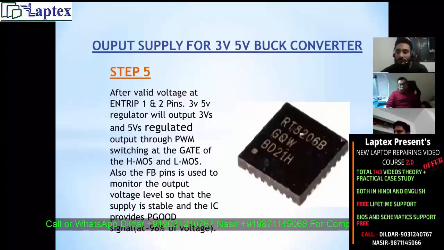If you have a 5 volt output at the coil, power good will be generated when there is 96% of the 5 volt. If the voltage at the coil comes below 96%, there will be no power good at the output. Everyone clear with that? So what is 96% of 5 volt?